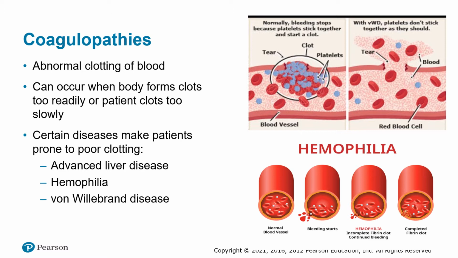Coagulopathies, this is abnormal clotting of the blood. It can occur when the body forms clots too readily or the patient clots too slowly. Certain diseases make patients prone to poor clotting, such as advanced liver disease, hemophilia, and von Willebrand disease. So basically what happens in coagulopathies is that some clotting factor is deformed or impaired.